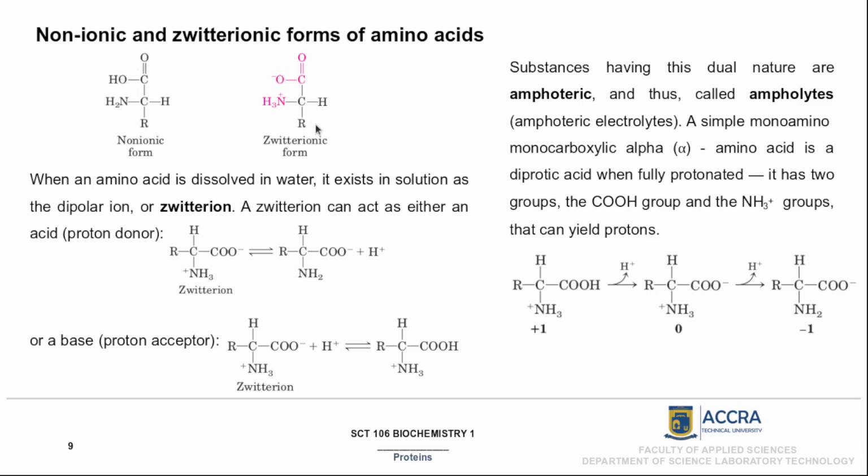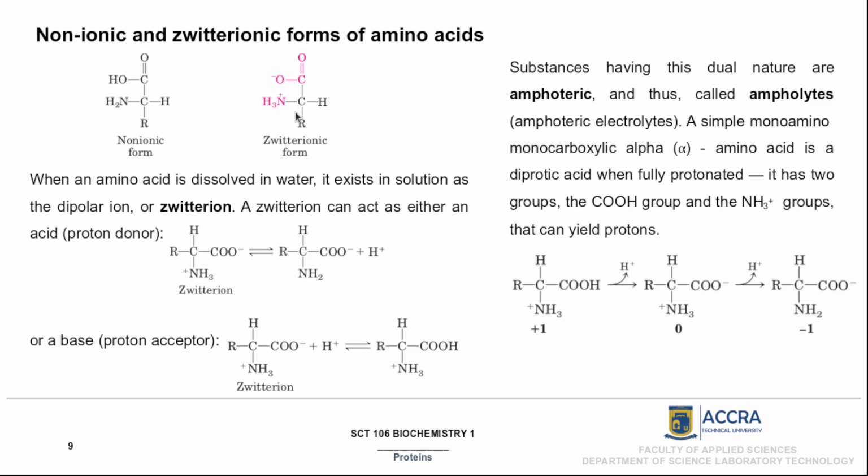So you see the zwitterion, which has a protonated amino group, and the carboxyl group here, which has donated a proton. This zwitterion is what predominates in aqueous solutions of amino acids.